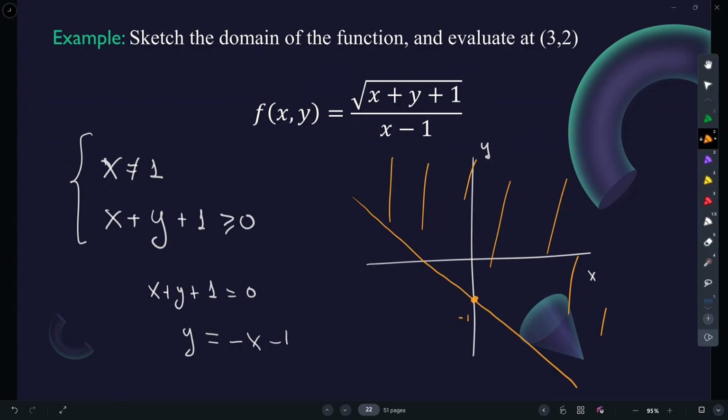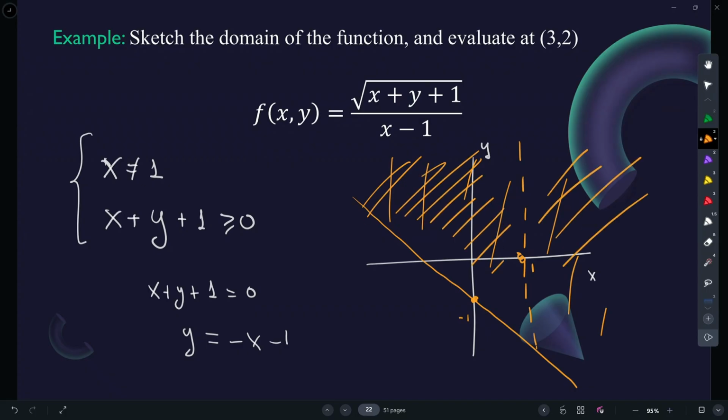So I want that half plane so that x plus y plus 1 is positive, but I do not want x equals 1. So I have to exclude that line. Okay? So that is what the domain is going to look like, is all of this and all of this without the line x equals 1, and not here. Not here, and not on that line.